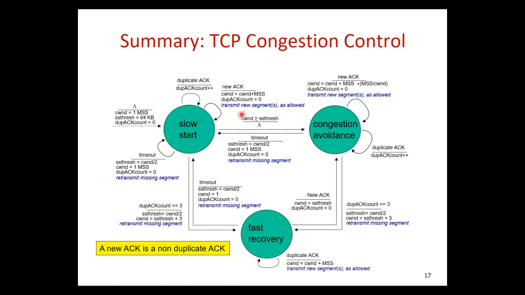And then another key point is that when you are in slow start, if CWND reaches the SS threshold, then go to congestion avoidance. Okay, and this equation is how the CWND is increased in slow start. Every ACK will increase CWND by 1. And this equation tells us how CWND is increased in congestion avoidance.